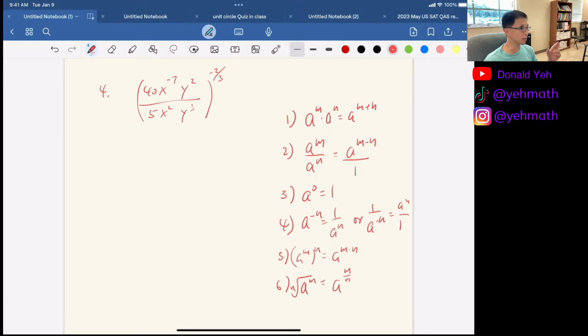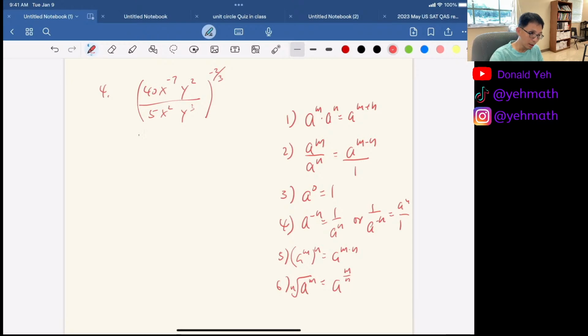Mathematically, PEMDAS will tell you. Are you sure it's going to be the fifth one? What does the parentheses tell you? Yes, because that's inside the parentheses. Does that make sense?